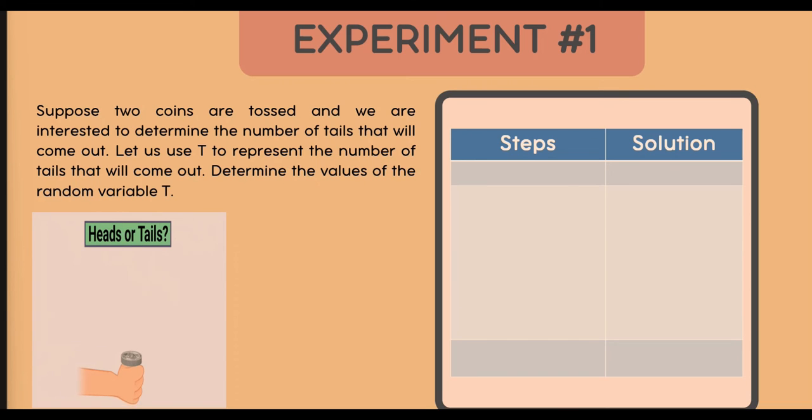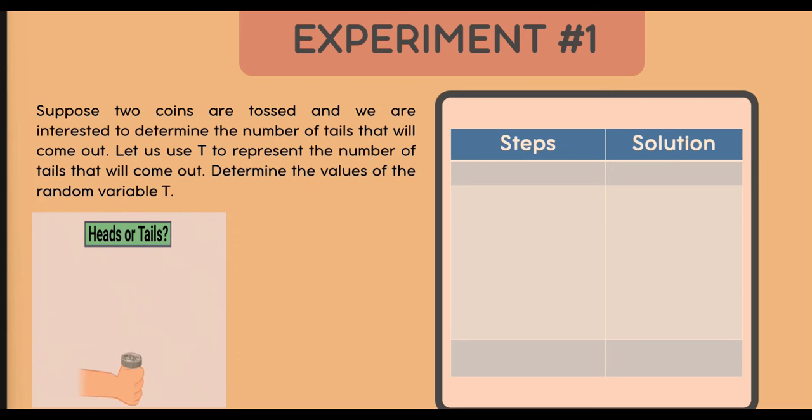Exactly. This experiment will yield more than one result. So this experiment is an example of a random experiment and can be represented by a random variable.